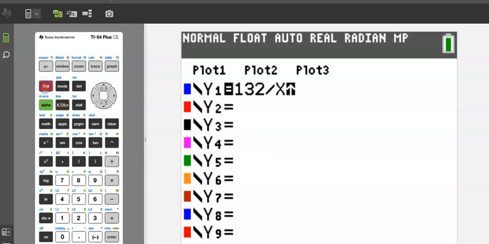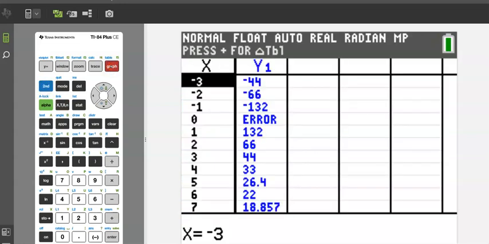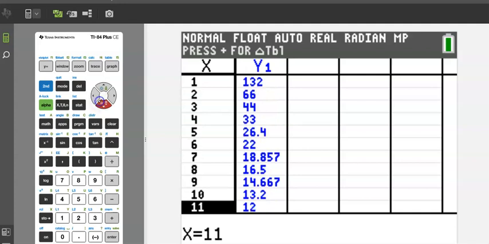Hit second graph. Right here, only focus in on the positive ones. Anybody that you see come out to a nice number, those are factors.